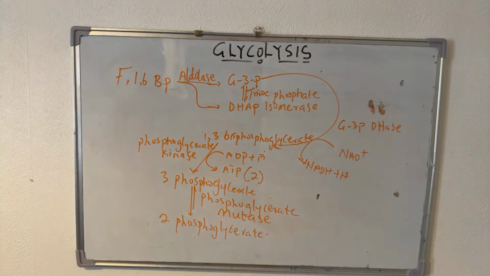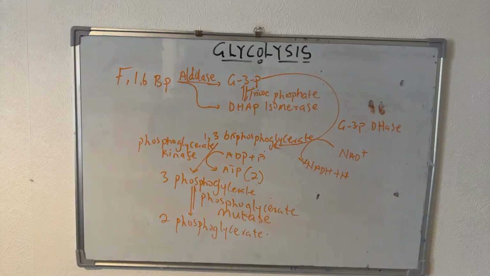Then 2-phosphoglycerate is converted to phosphoenol pyruvate.